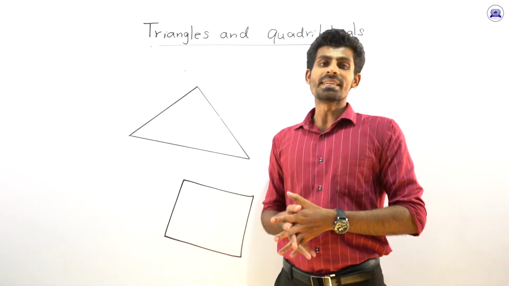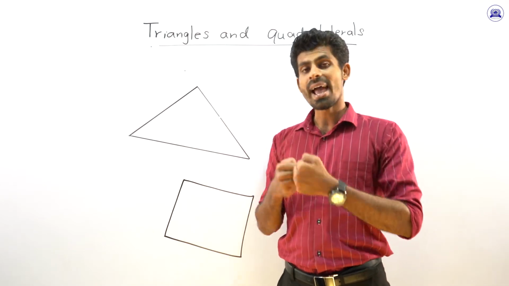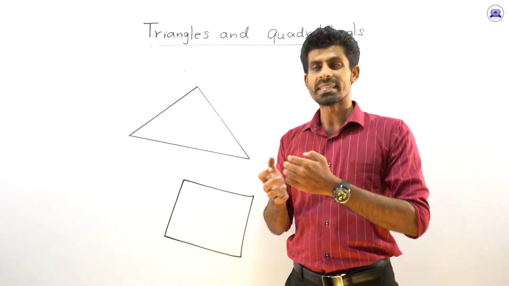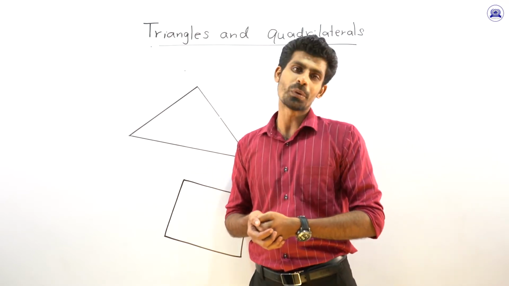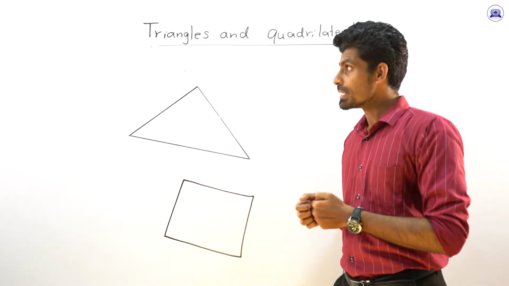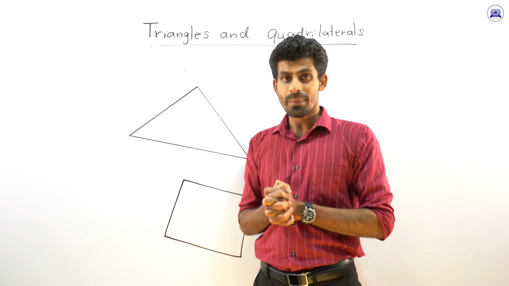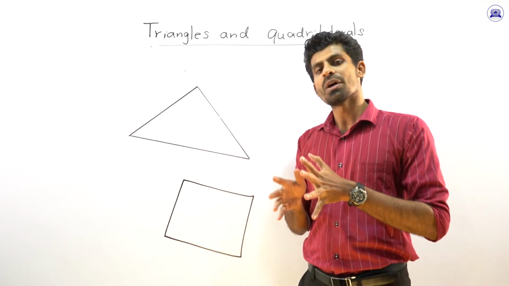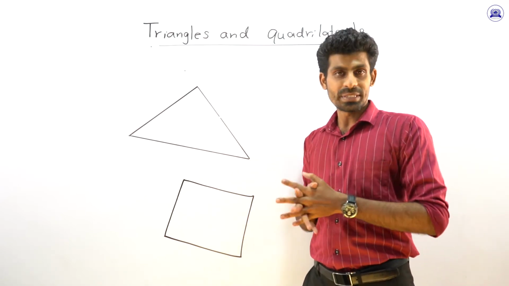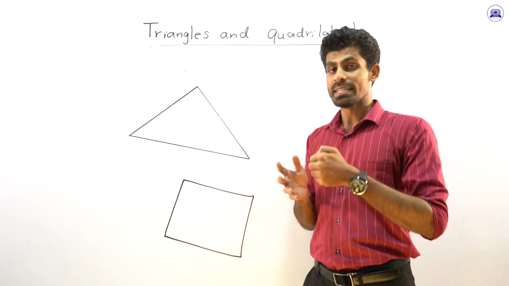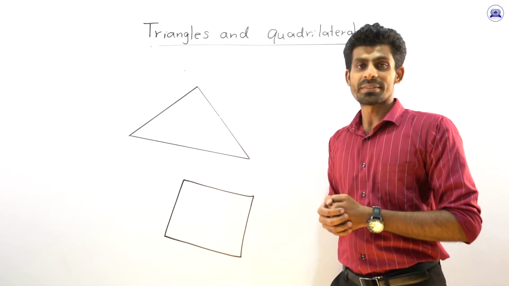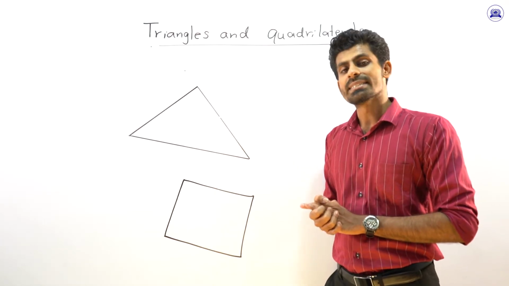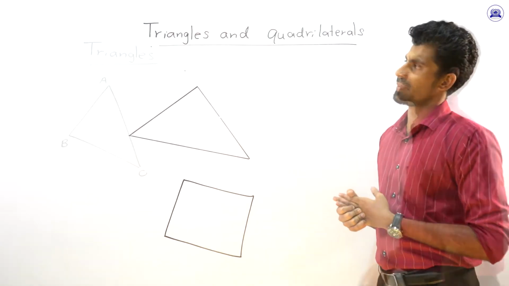Basically we are going to learn about the angles, the interior angles and the exterior angles, and so on. Please stay with me, I will clearly explain all the concepts and theories in this lesson. Let's go. This is grade 8 lesson number 12.